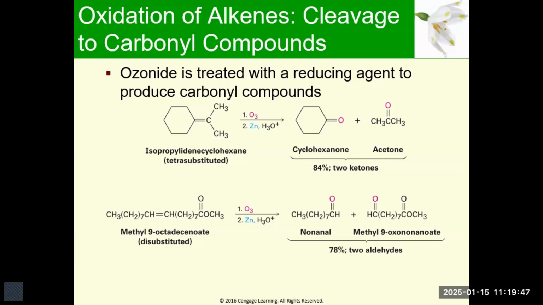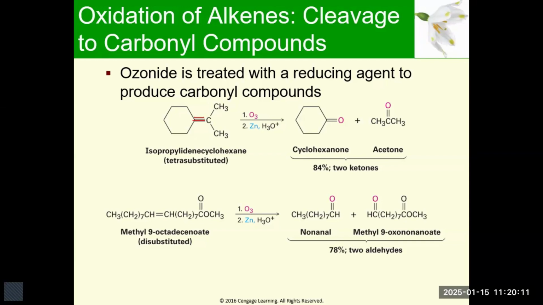All right, so in the first example, you can see that we have our double bond right here in between our ring and our carbon. And so again, this is oxidation using ozone with the cleavage, right? And so you have your first step and your second step.